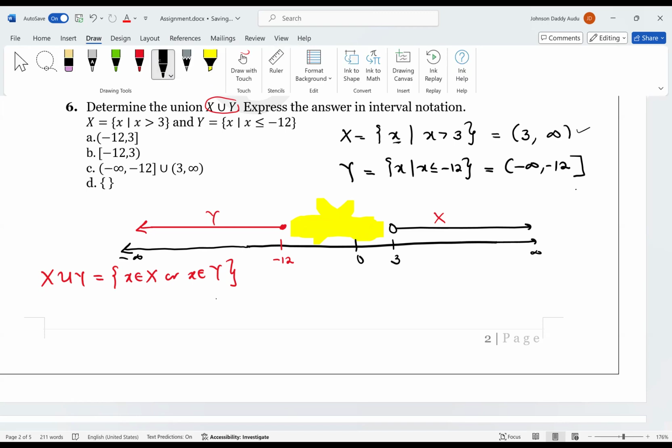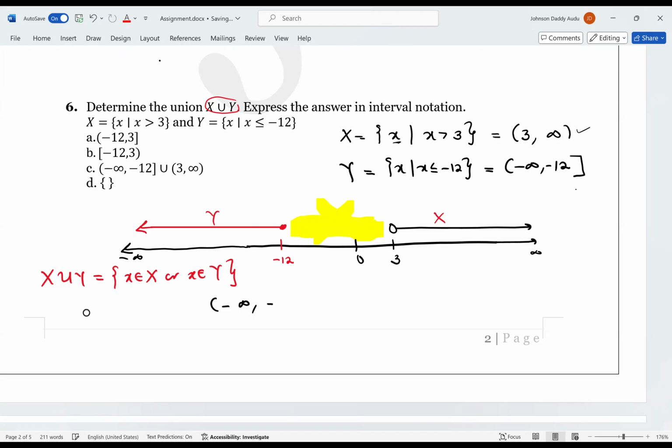It's going to be from minus infinity to minus 12 closed, union 3 to infinity. So this is our answer. So the only part that is not included is the part you can see in yellow, because we're interested in the union.